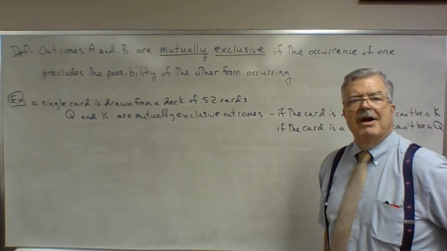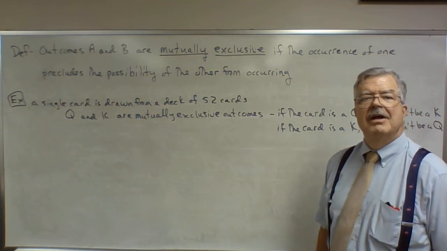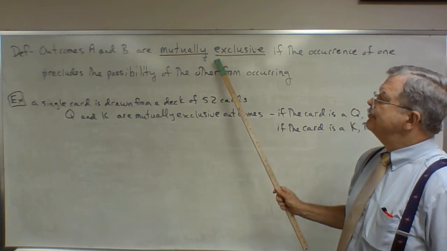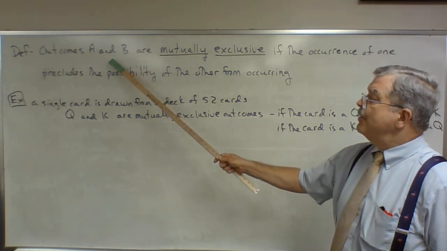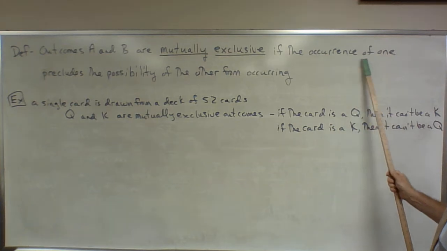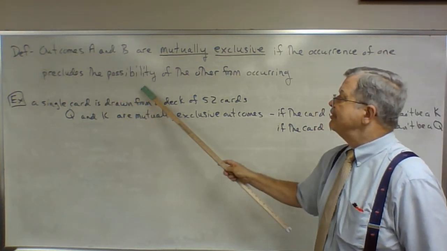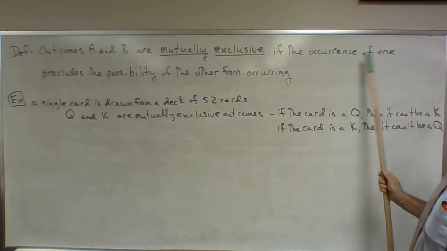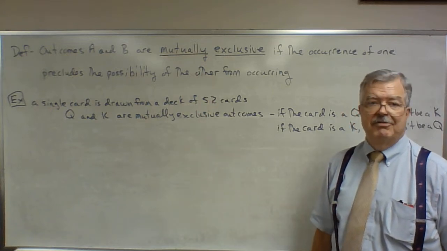Here's the topic that our previous example leads us to quite nicely. The idea of two outcomes being mutually exclusive. Outcomes A and B are mutually exclusive if the occurrence of one precludes the possibility of the other from occurring, or if the occurrence of one makes the occurrence of the other an impossibility.